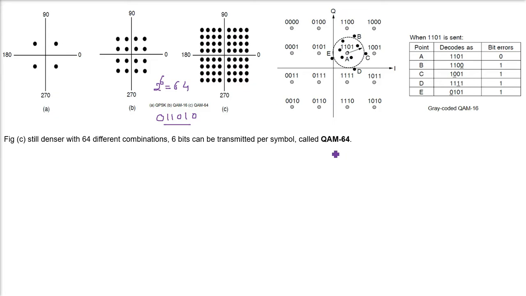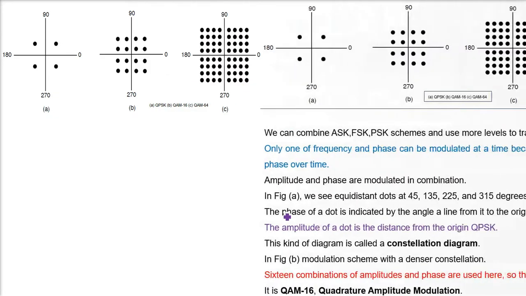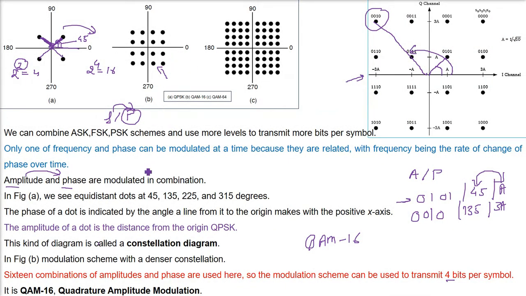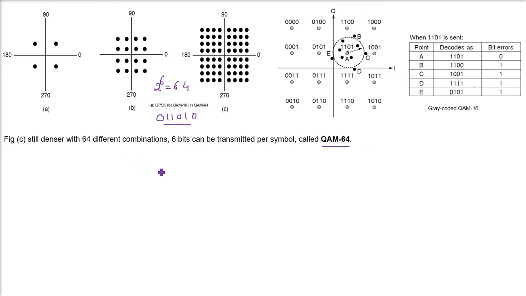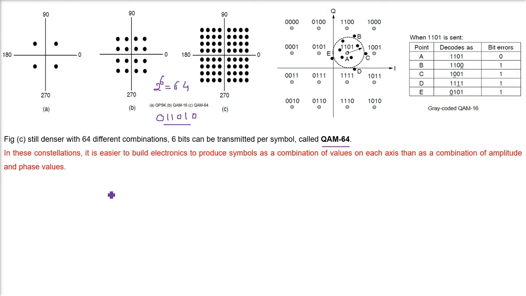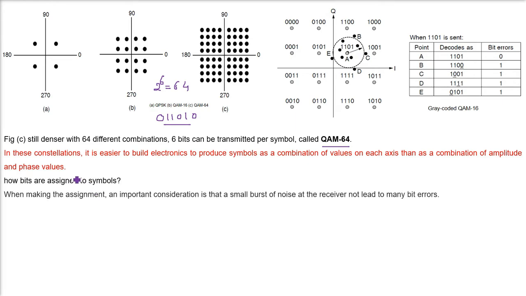This is called QAM64, quadrature amplitude modulation 64. 6 bits can be transmitted per symbol because we have 64 different combinations of amplitude and phase. Amplitude is the distance from the origin, phase is the angle from the positive x-axis.